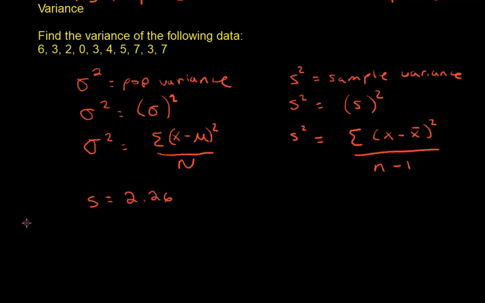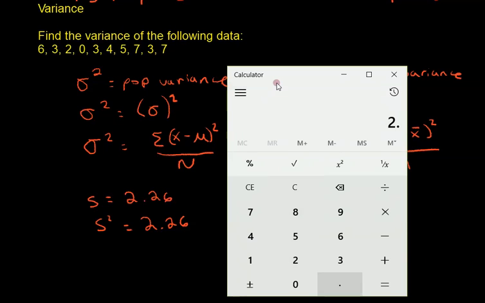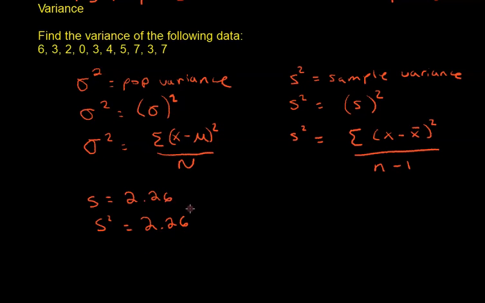Now when I'm calculating the sample variance, I will just square 2.26. Let's get out our calculator. 2.26 squared is 5.11.